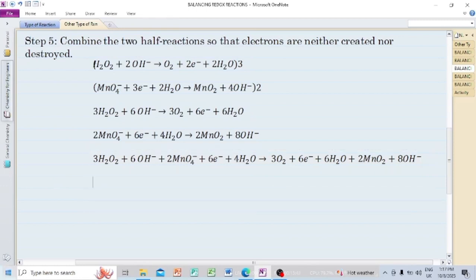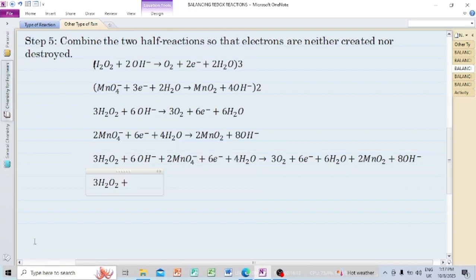Okay, let's simplify. Dito sa reactant side natin, 3H2O2, dun sa kabila, meron tayong 8OH.